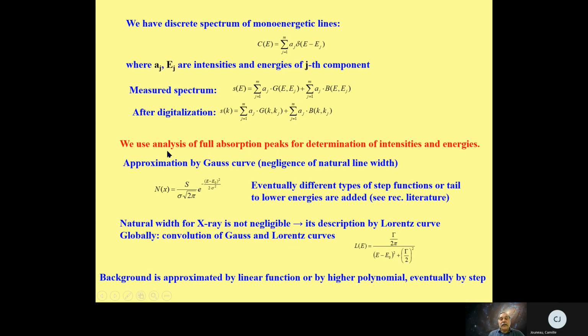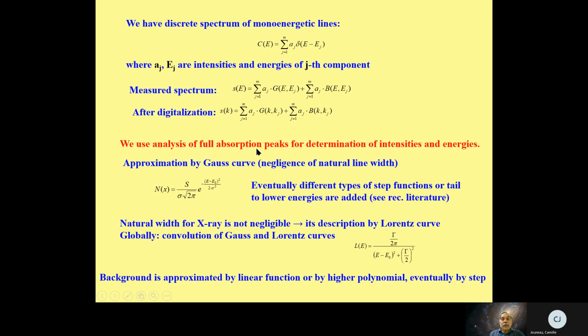That means it's necessary to analyze full absorption peaks for determination of intensities, on the background of the continuous background which is produced by Compton scattering.